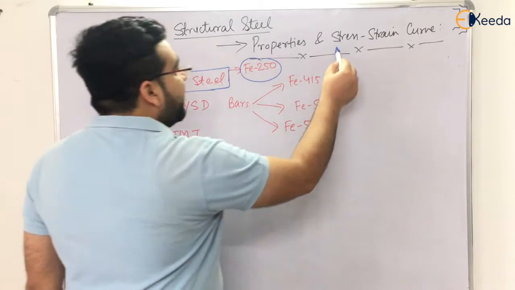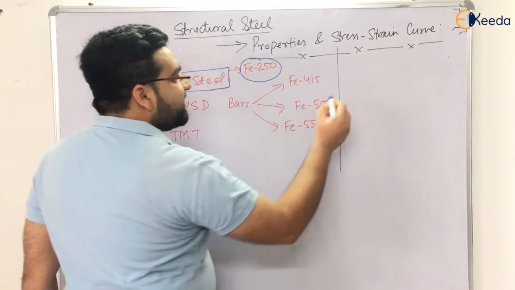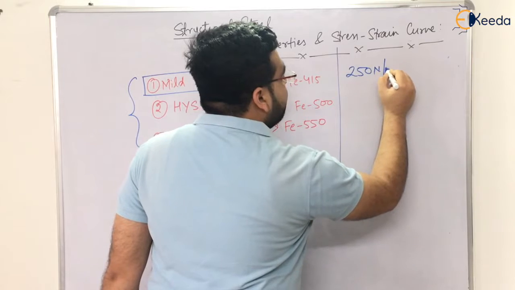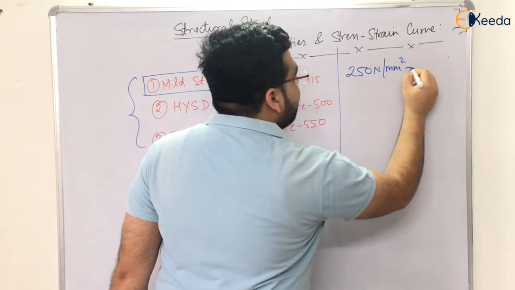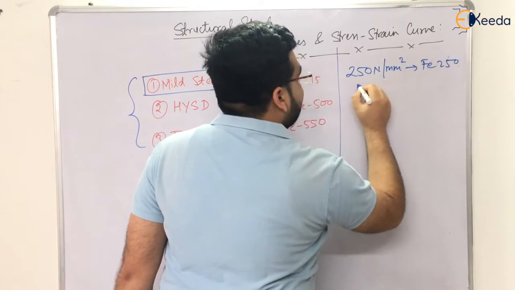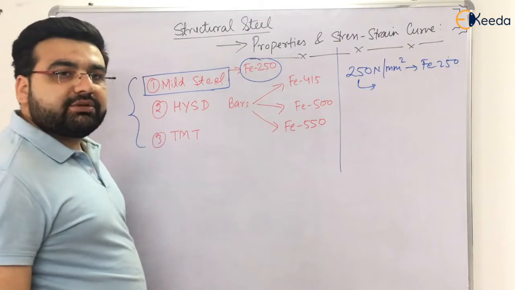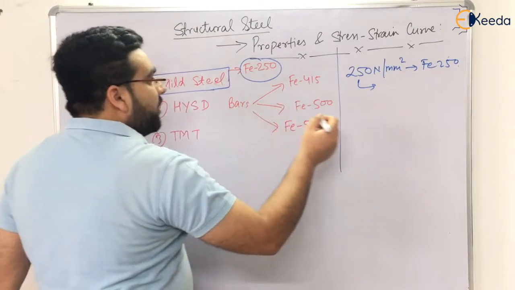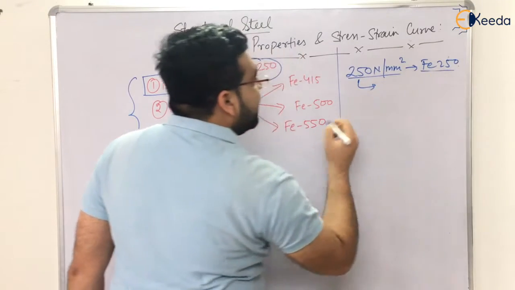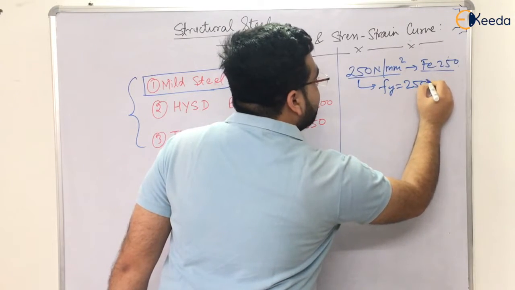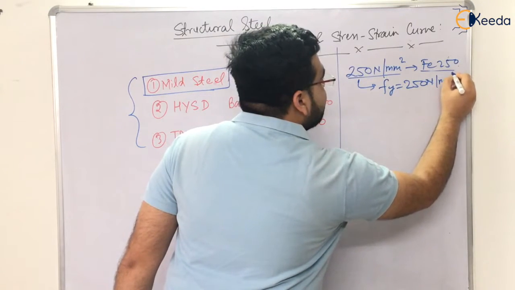So what is the yield strength for mild steel? 250 Newton per mm square is the yield strength for Fe250, right? 250 Newton per mm square. Okay, now you can also write it like this: Fy is equal to 250 Newton per mm square.